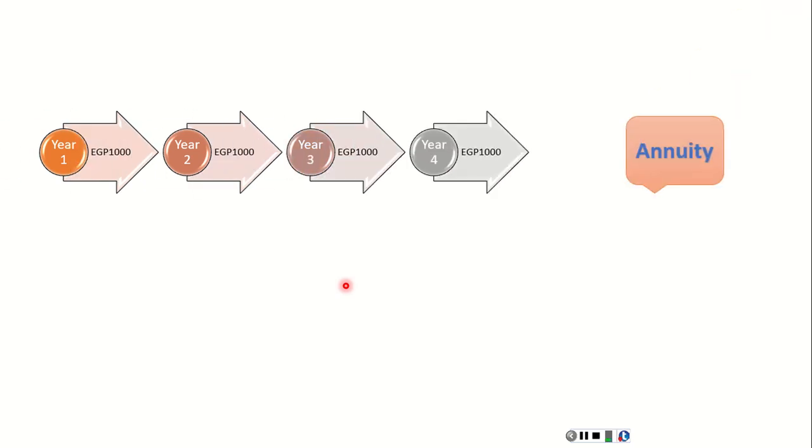The second component of our title today is present value of annuity. Last lecture we discussed the concept, or the definition, of annuity. When we talk about equal and periodical cash flow to be paid or received over a specific period of time, we talk about annuity, not a single amount.